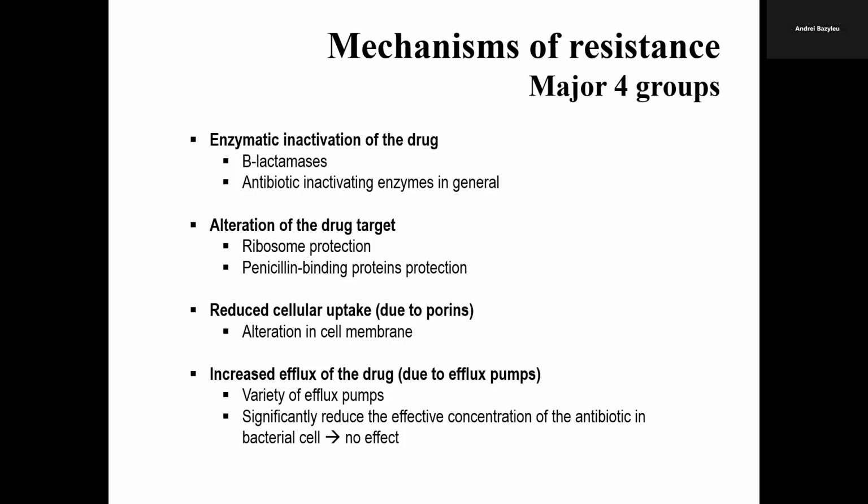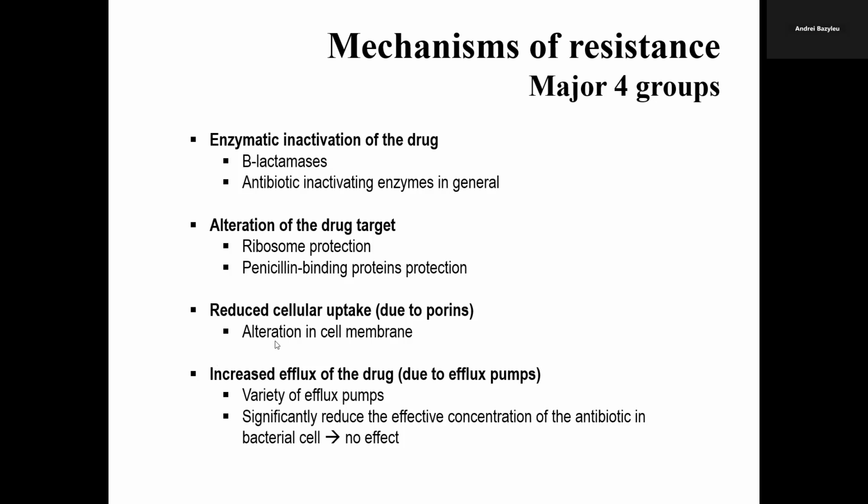Basically, when you look at these four groups, scientists back in the day looked at all different mechanisms of resistance and decided to organize them in terms of which of these groups gives us the most trouble in clinical settings. That's what clinical relevance is.